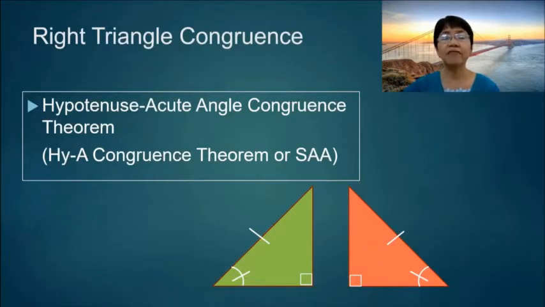But since we're now focusing on right triangles, we can just assume the congruence between the hypotenuse and an acute angle is enough, or a sufficient condition, for right triangle congruence.